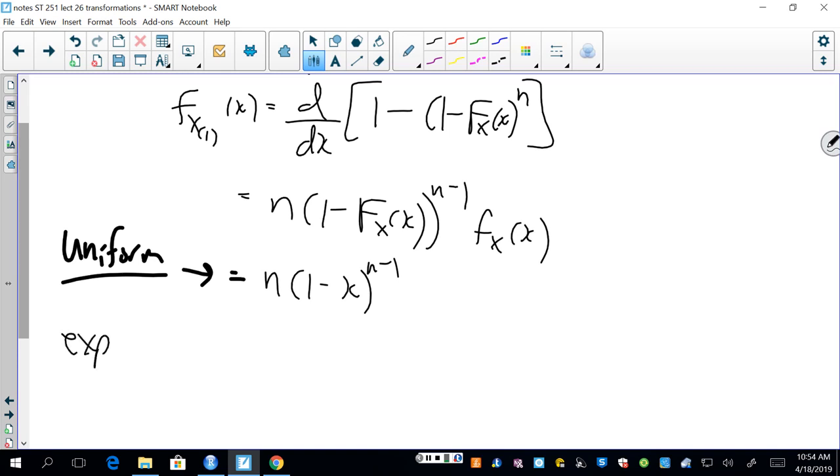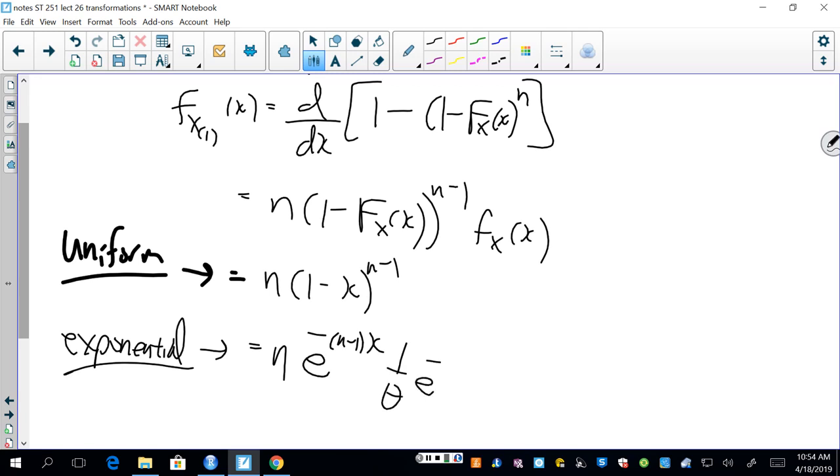In the exponential case, the cumulative distribution function, well, 1 minus that was just e to the negative x, and then there's n minus 1 of those. And this thing was 1 over theta e to the minus x over theta. And there has to be a theta in here. So based on the cumulatives and things, you can write down what these densities are if you're interested in that.